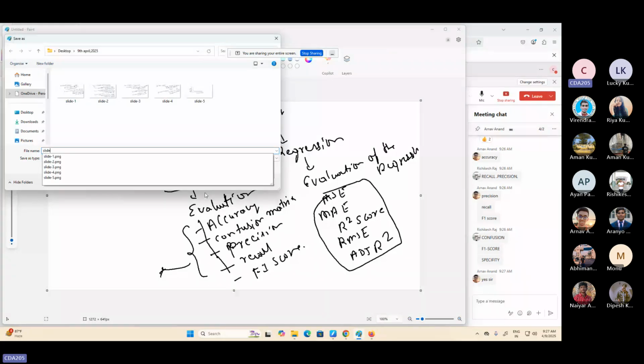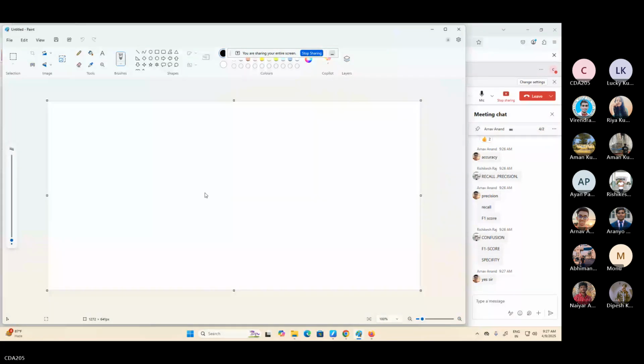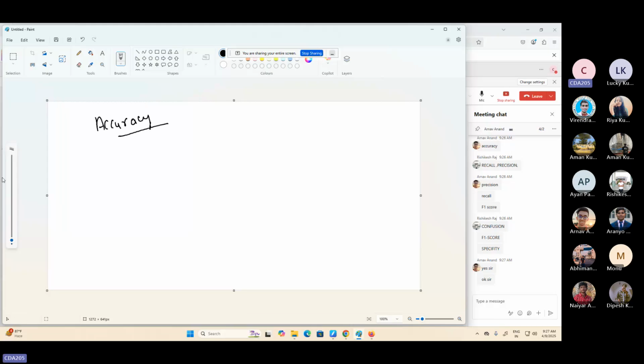Slide 6. So we can come to the accuracy part. When we talk about accuracy, let's see one data set, one output that has come. This is the table.